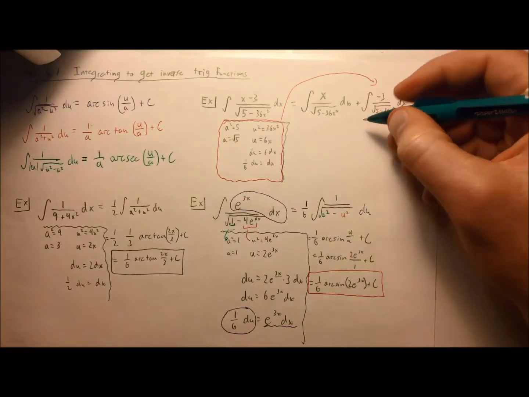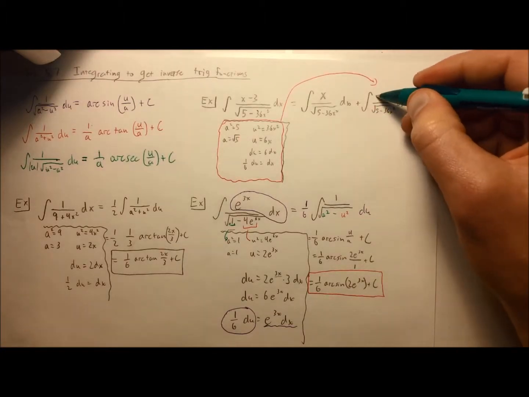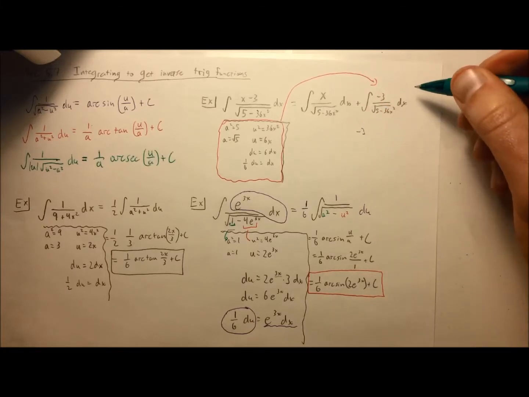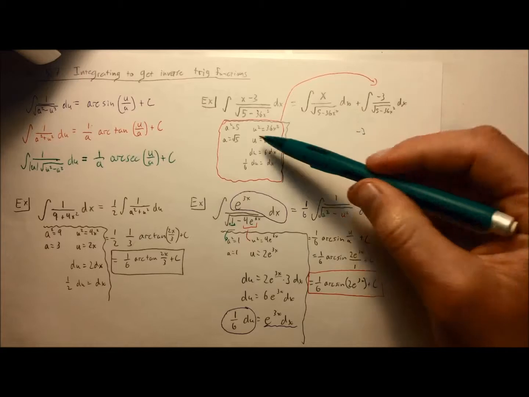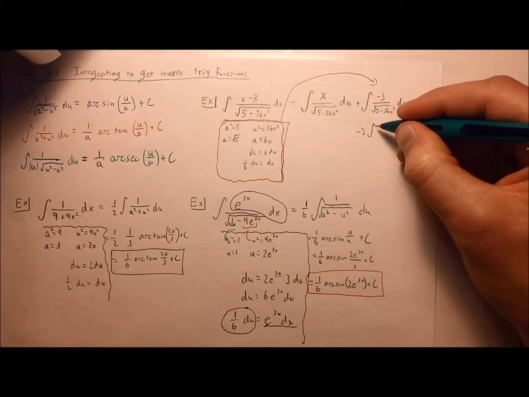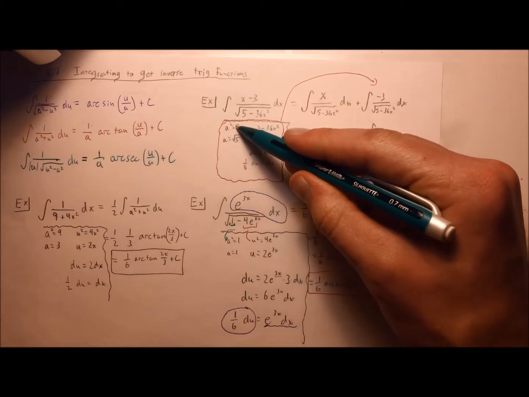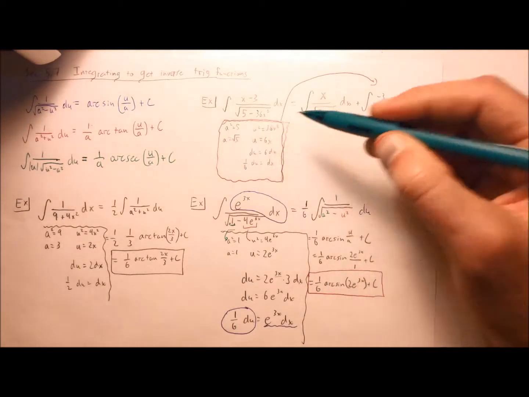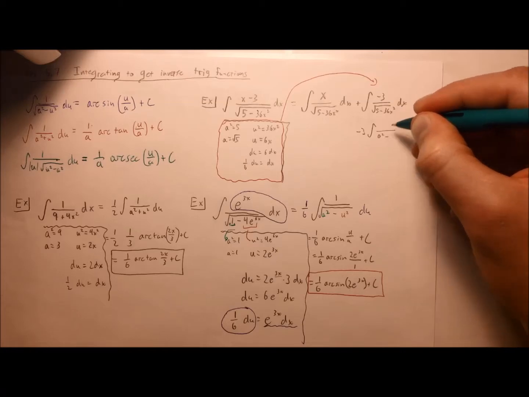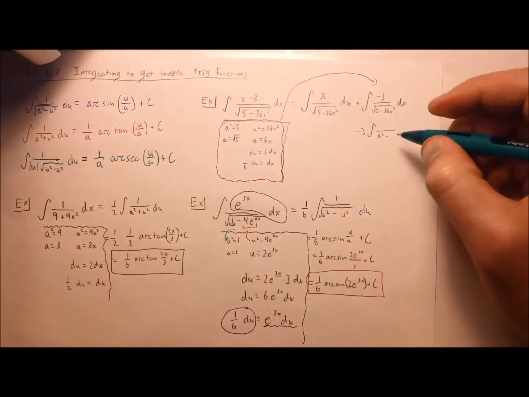I'm going to kick the -3 out front. The a squared, of course, is 5, so a is the square root of 5. The 36x squared we said was u squared.